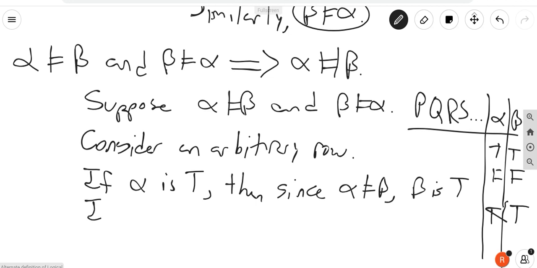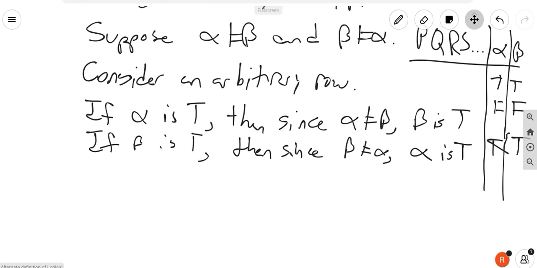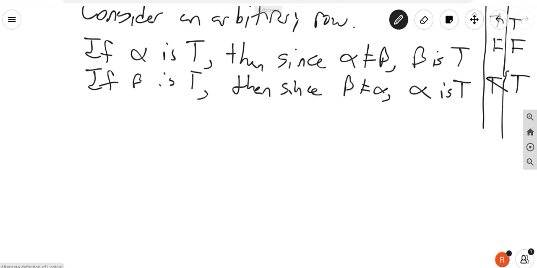Similarly, if beta is true, then since beta semantically entails alpha, alpha is true. So those are some easy cases.